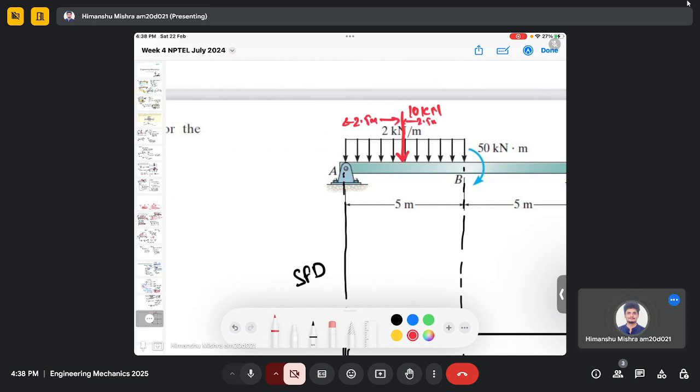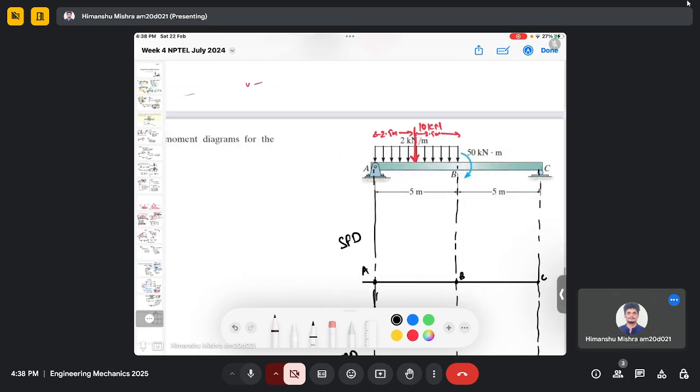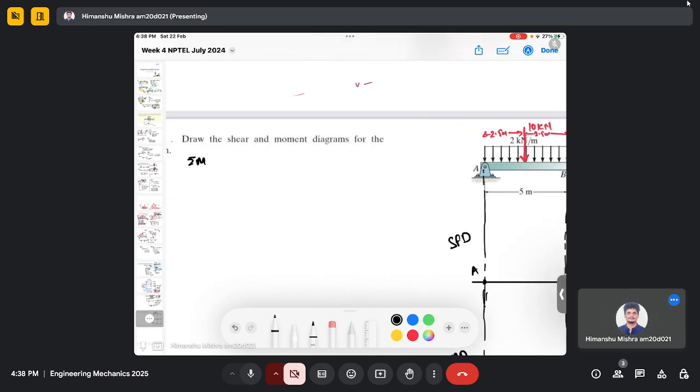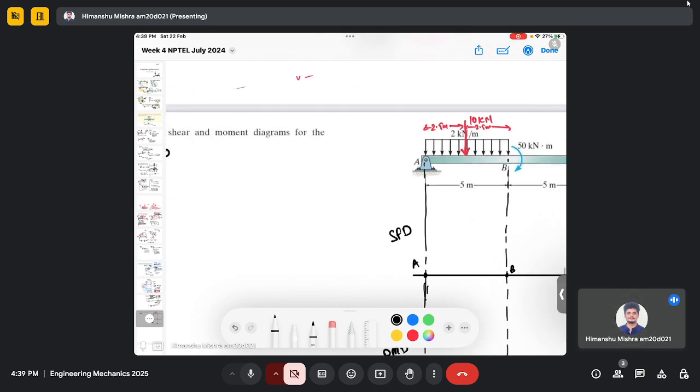This is also 2.5 meter. So if I take the moment at point C, and again clockwise is positive and anti-clockwise moment is negative.